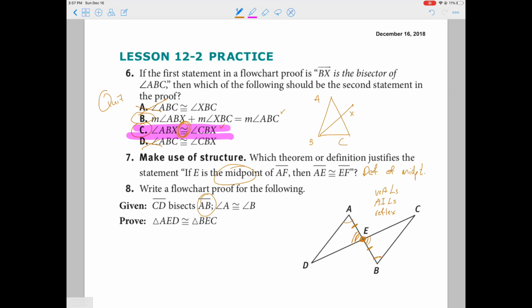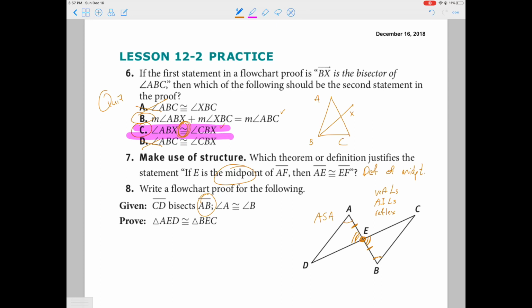So we have vertical angles, which means we have ASA. And that is one of our criteria. So that's how we would have to do it. Just lay out our proof that says we were given that CD bisects AB, which by the definition of bisects means that AE is congruent to EB.